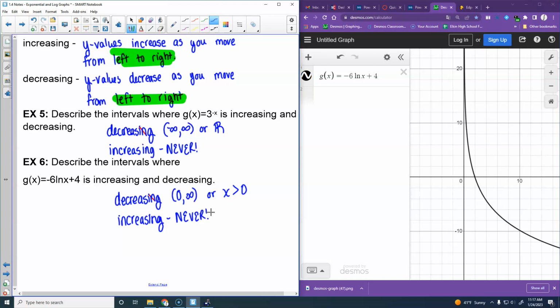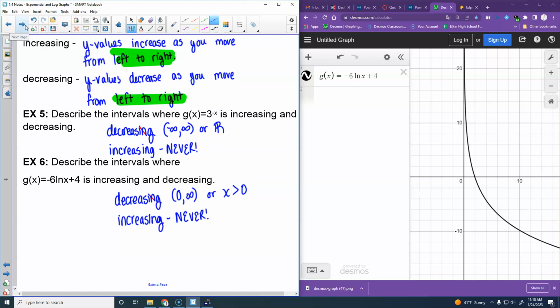Logs always have a restricted domain, so this would never be negative infinity to positive infinity, because over here at like negative 7, the function doesn't even exist, so it can't be decreasing if it doesn't exist. When we do these, we're going to put all of this stuff together, so you're going to find your domain at the beginning, and that will help you with some of the other parts of the question.